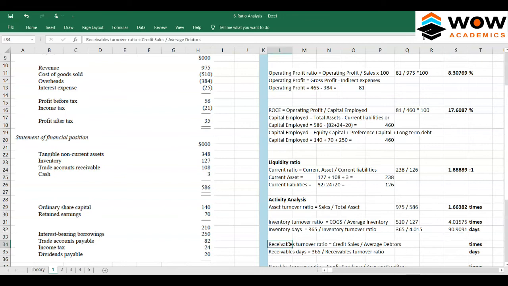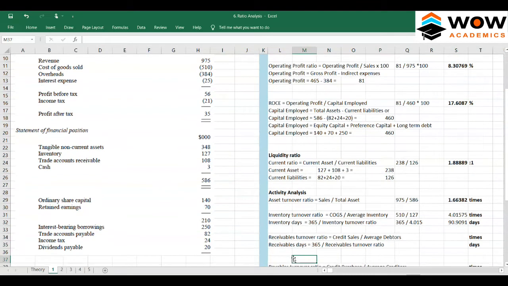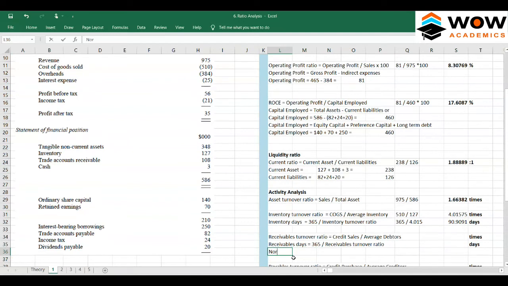So we'll go to the receivables. So in receivables we have credit sales, but no credit sales is given. So what you can do is put a note, assuming all sales to be credit sales.